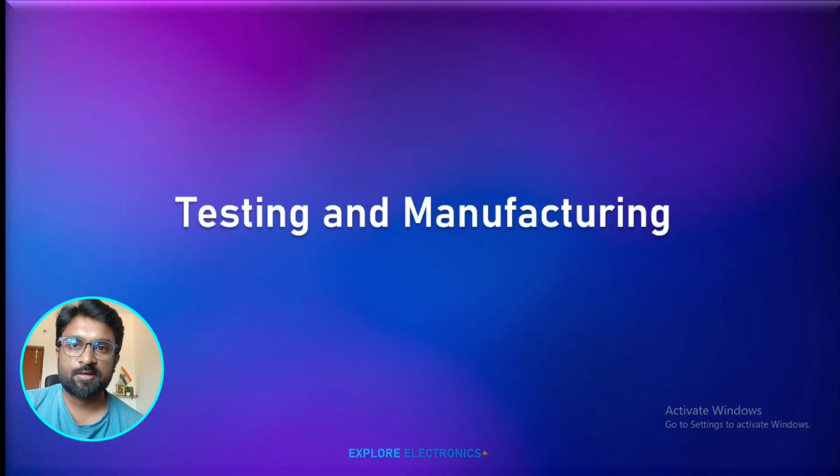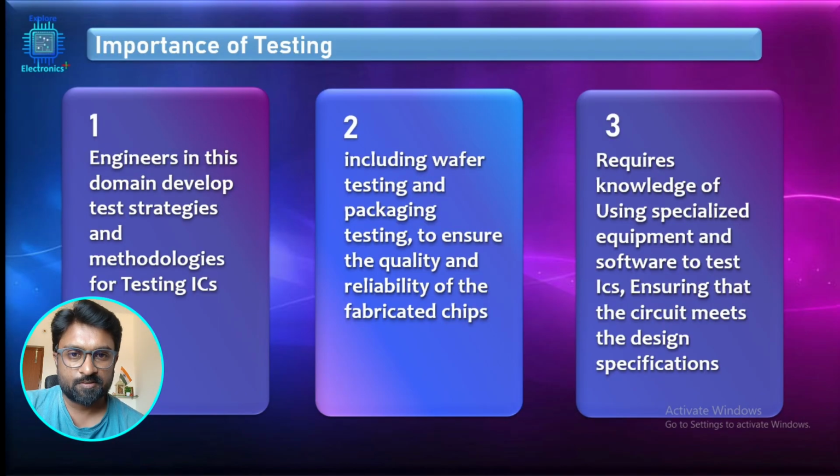Then comes the testing and manufacturing. Once the GDS file is ready, then it will be given to the fabricator, where the engineers work on the wafer. So testing and packaging, testing as well as the quality and reliability of the fabricated ICs are going to happen. And also the fabrication process is much different from what we discussed so far.